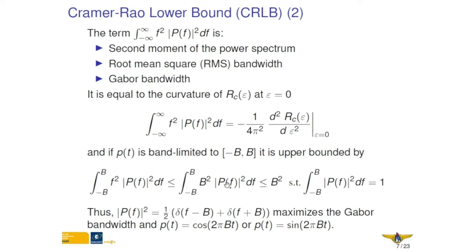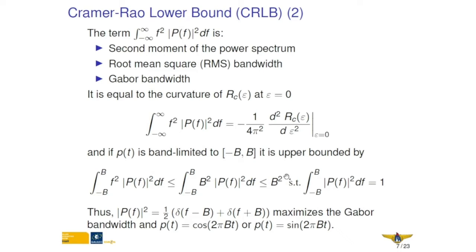So this is b squared times the power spectral density of the chip shape, and because the chip pulse shape is normalized to 1, we can reformulate this in the middle as b squared times the integral from minus b to b of the absolute value of P of f squared df. This is 1. So we end up with this term: the Gabor bandwidth is upper bounded by b squared.